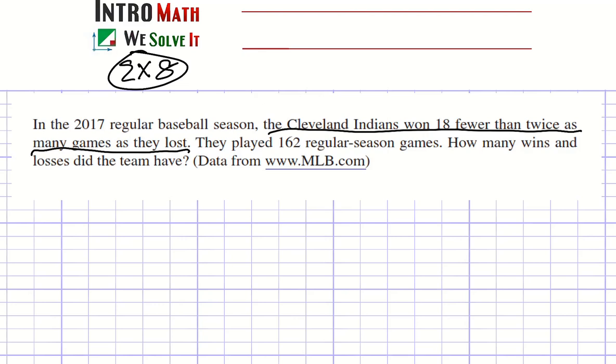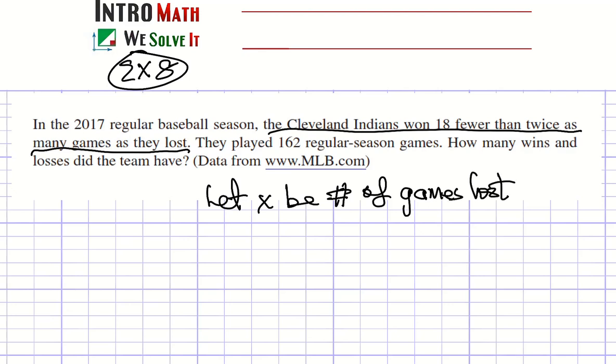Okay. So we'll say let x be the number of games lost by that team. Then they said they won 18 fewer than twice as many games they lost.